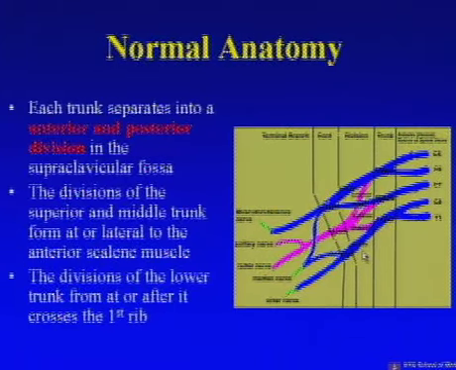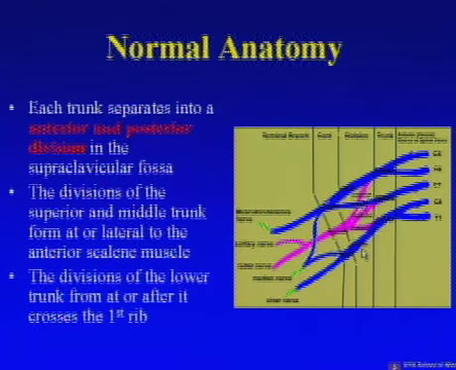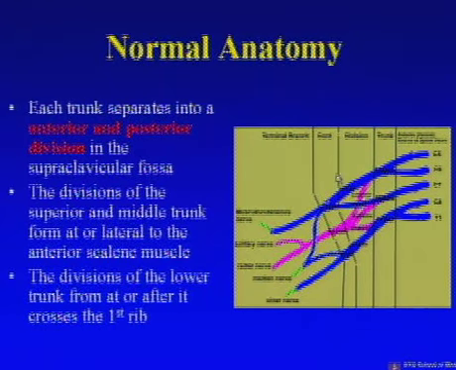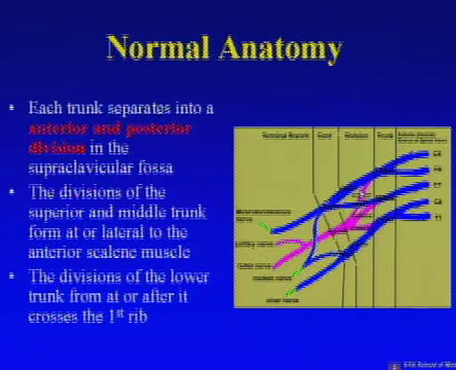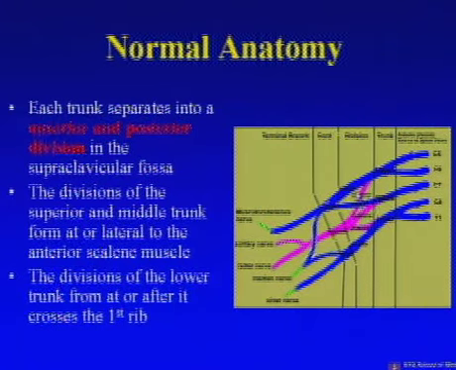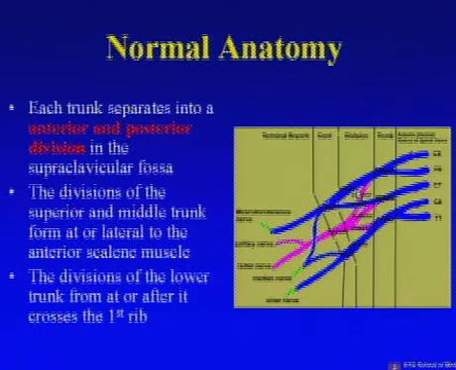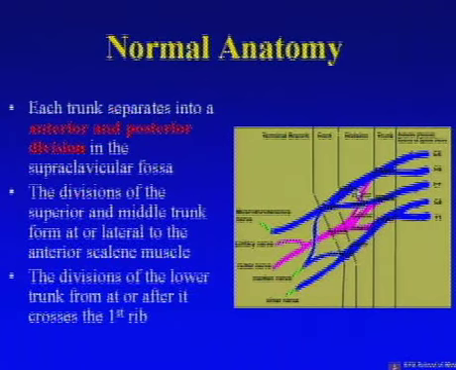Each trunk then separates into an anterior and posterior division within the supraclavicular fossa. The divisions of the superior and middle trunk form at or lateral to the anterior scalene muscle complex, and the divisions of the lower trunk form at or after it crosses the first rib.